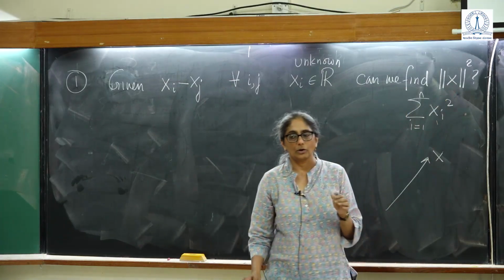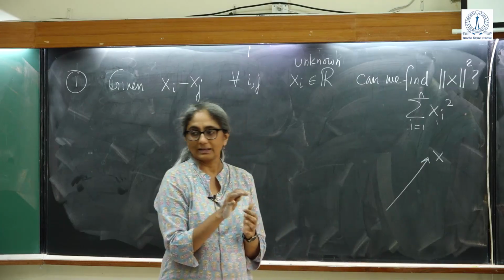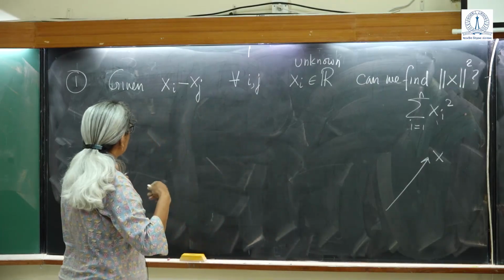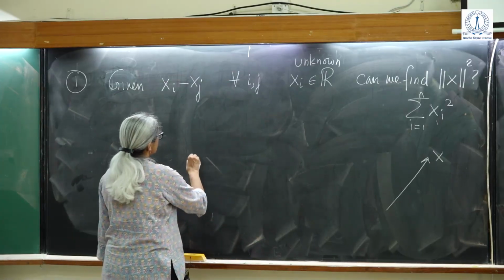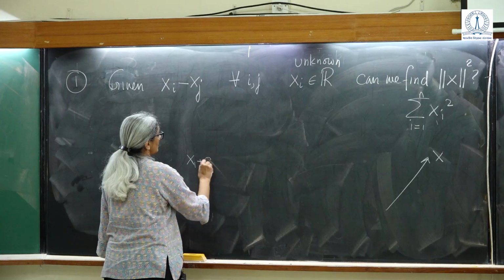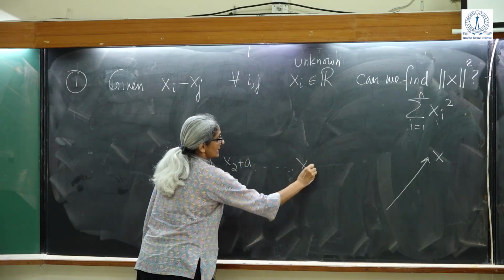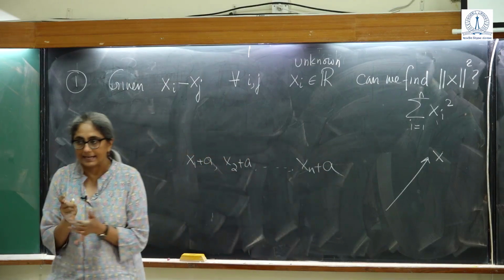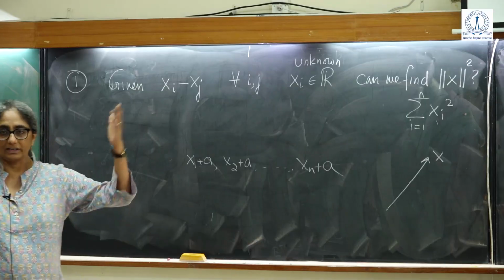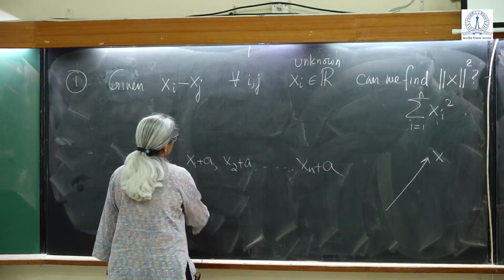Hopefully you see immediately this is not well defined. If I find some collection of x's, I can just do x1 plus a, x2 plus a, up to xn plus a. I can add something arbitrarily. The differences are the same, but the norm is going to keep on increasing. So it's not well defined, and I need to add something more.